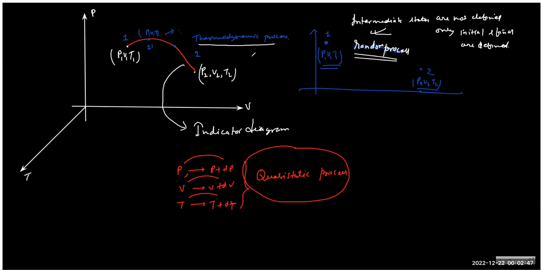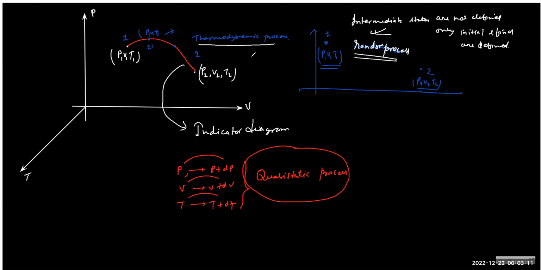What is state? What is state coordinate? PVT together is called state, and P, V and T are called state coordinates. One set of values is one state. Another set of values is a new state.